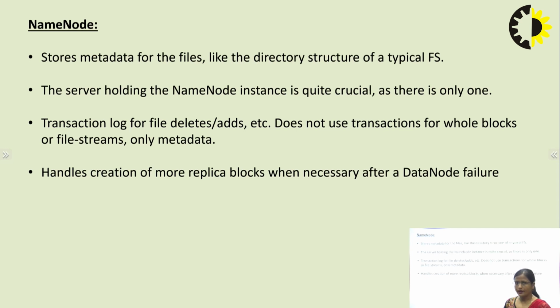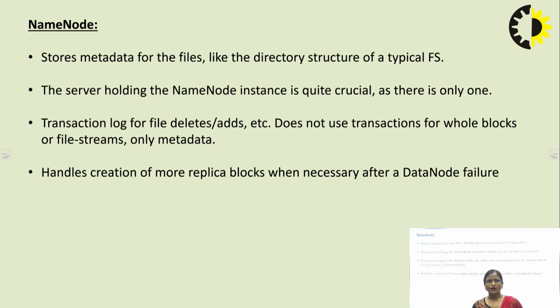So here HDFS has many parts. First one is the name node. The name node stores the metadata for the files, like the directory structure of a typical file system. The server holding the name node instance is quite crucial, as there is only one copy.